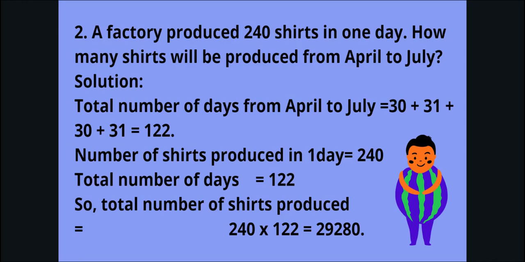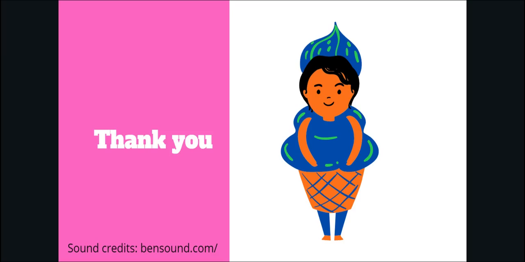Therefore, the total number of shirts produced is obtained by multiplication of 240 by 122, which gives 29,280. Hope you have enjoyed this video and revised both the chapters very well.